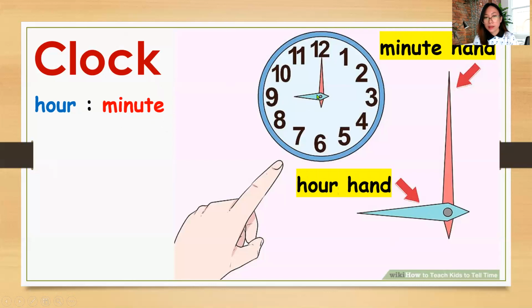Number 9. And look where the minute hand is pointing. 12. But we don't put it as 12, instead 0. So here, the hour is 9 and the minute is 0, 0.